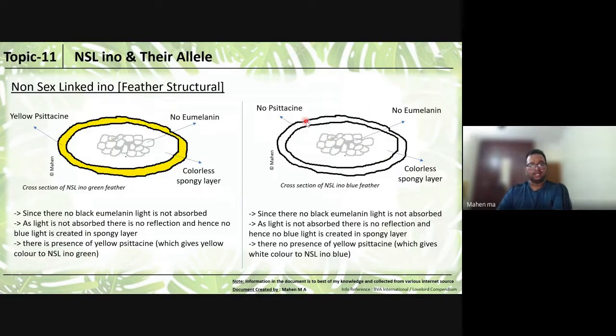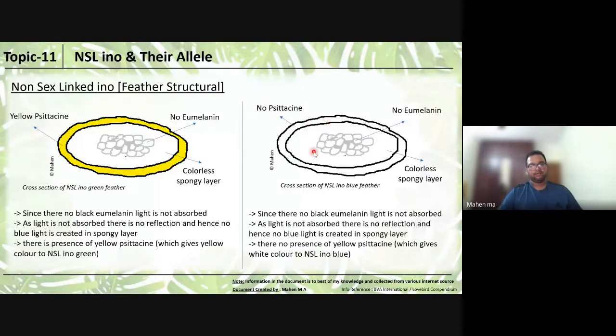In white, what happens is there is a reduction of eumelanins, which will not absorb the light. So this will become white. And in the outer layer, there are no psittacins either, so this will also be white. This is the reason why an albino looks like a white bird. Albino is basically a combination of NSL Lino mutation and blue mutation.